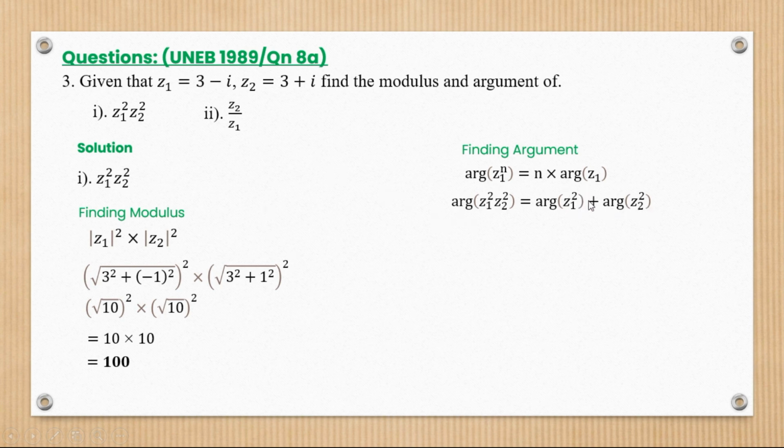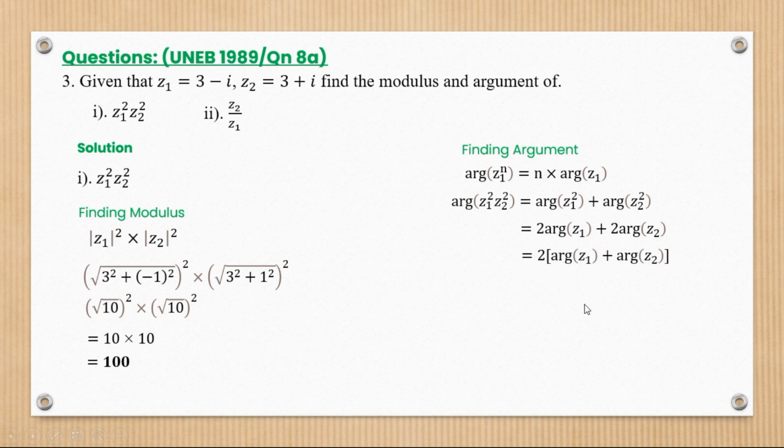So remember this from the rules that we had actually stated. Then furthermore, because there are powers here, we can actually apply the rule of powers. You can see that these powers can go out, so we end up having 2 times argument of z1 here, and then we have here 2 times argument of z2, and then we remember that actually now we can factorize out the 2.